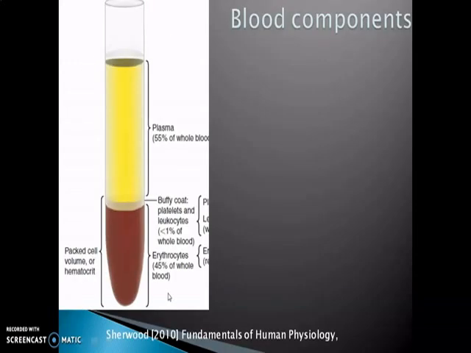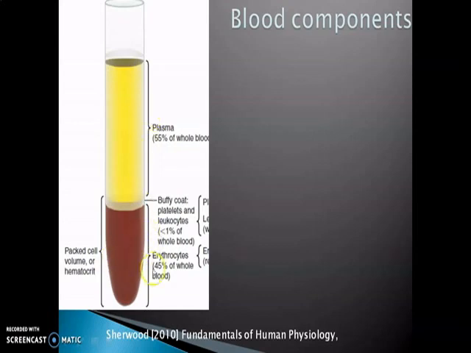So if we take blood out of the body, put it into a test tube and spin it, we would see 3 different layers distinct from each other. The upper translucent light yellowish portion is known as plasma. It does not have any kind of cell.